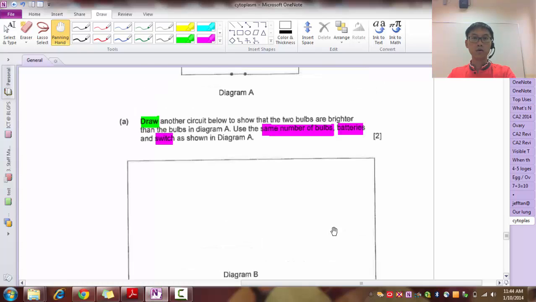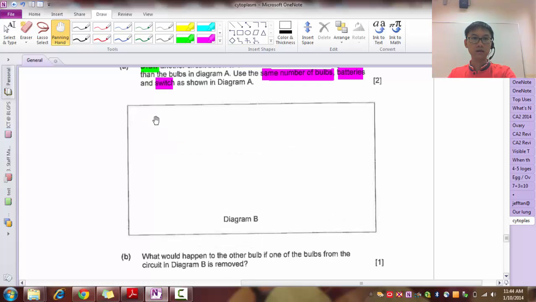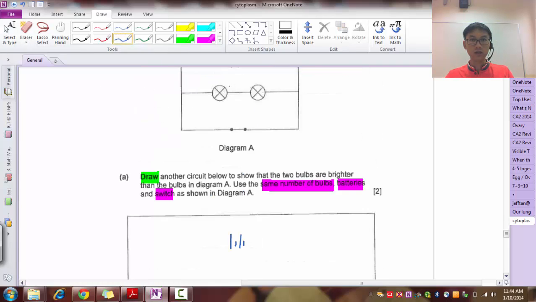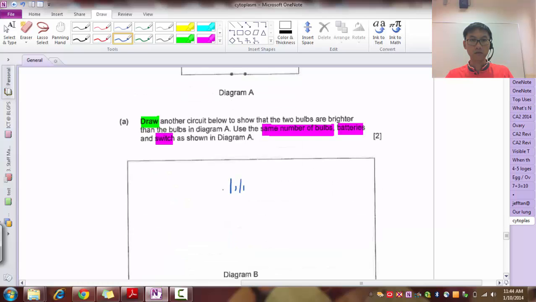So how do you draw it? Well, it looks something like this. Pardon the drawing. So what you need, make sure you have two batteries, because I want to keep it the same number of batteries. Alright, I need to have a switch. So I'm just going to draw this down. I need to have a switch here. Okay, so then I have one bulb here.